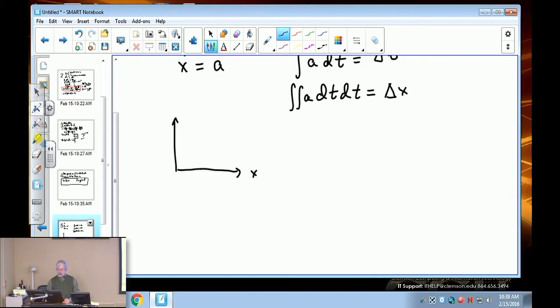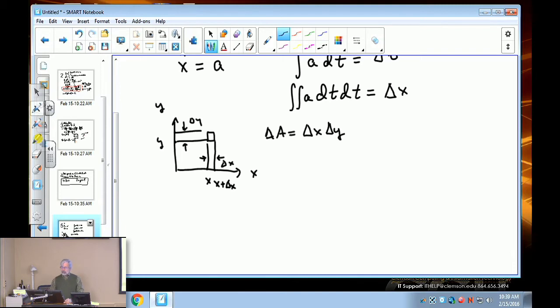Let's go to the xy plane, and we have a point at the coordinates x and y here, but we could also define a little area, which is of side delta x, and of side delta y. So that area, delta A, is the product of delta x and delta y.